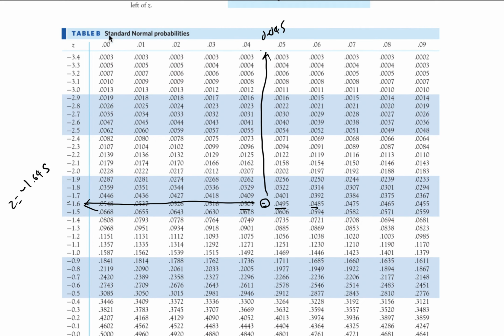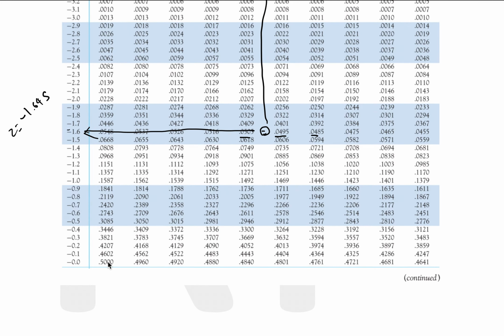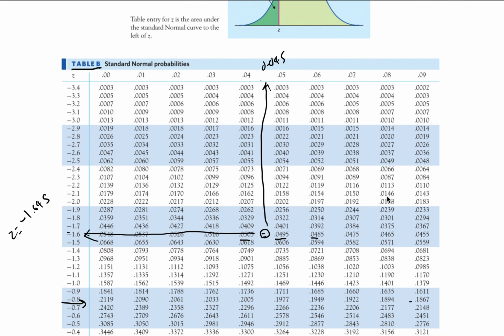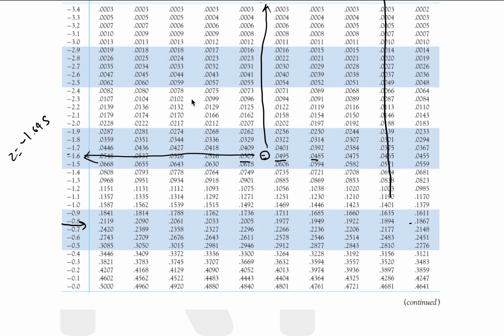So again, this is table B, negative 0.88, that's what we got. So negative 0.8, and then find 0.08, it should be somewhere here. Okay, this is 0.88. So that is the value.